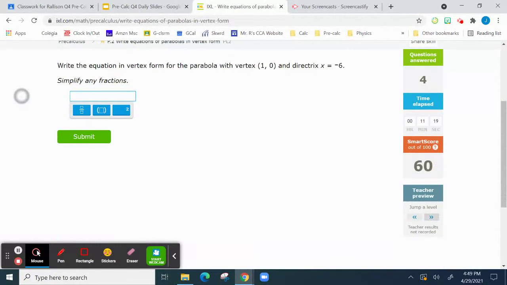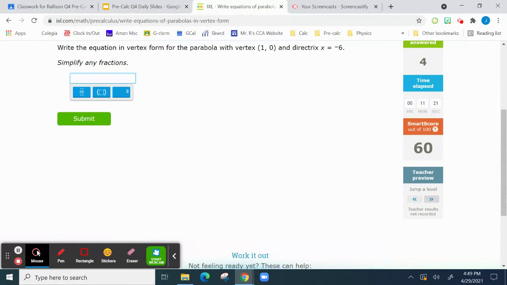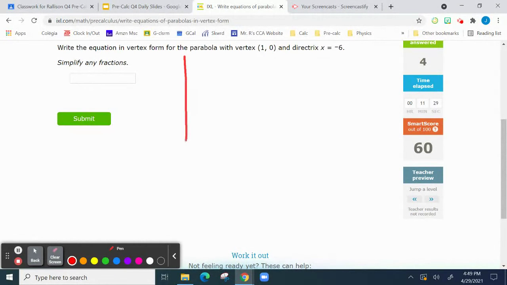Write the equation in vertex form for the parabola with the vertex at (1, 0) and the directrix at x equals -6. It's the same problem, just sketch it out and you'll see it. So we're going to make a parabola. The vertex is going to be at (1, 0), and the directrix is going to be at x equals -6. So if x is always -6, it doesn't matter what y is.